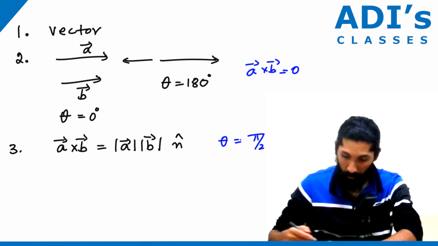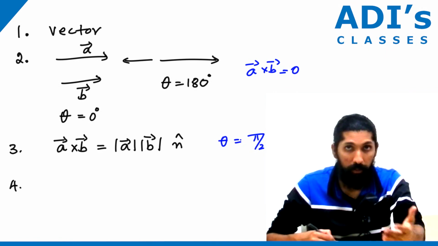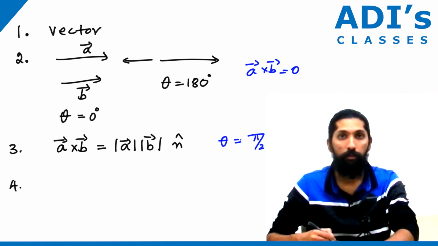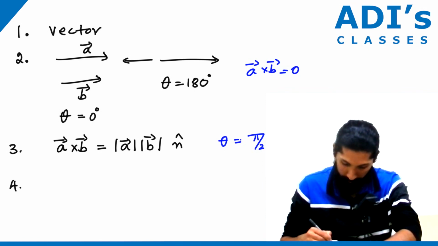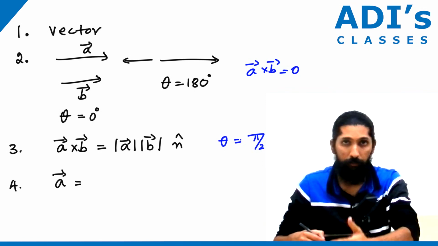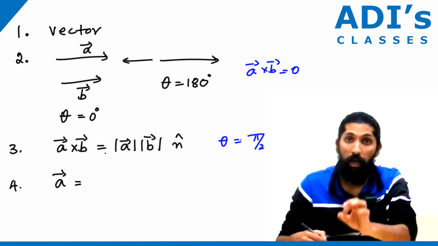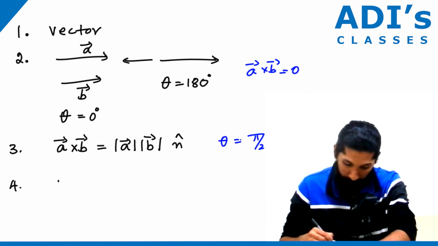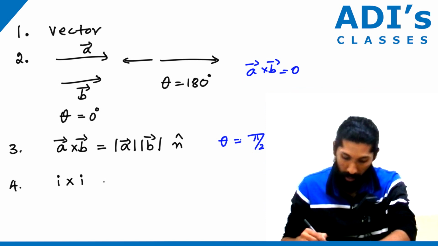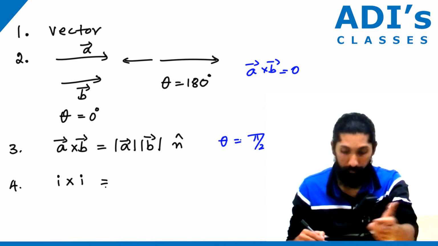Okay. Now, the fourth property, or you can say fourth characteristic of a cross product. Suppose we have two vectors, vector A, or rather than taking vector A and vector B, let's start with the most basic, that is I, J and K. Alright, suppose you have I cross I. I cross I is going to become 0, same direction, correct?